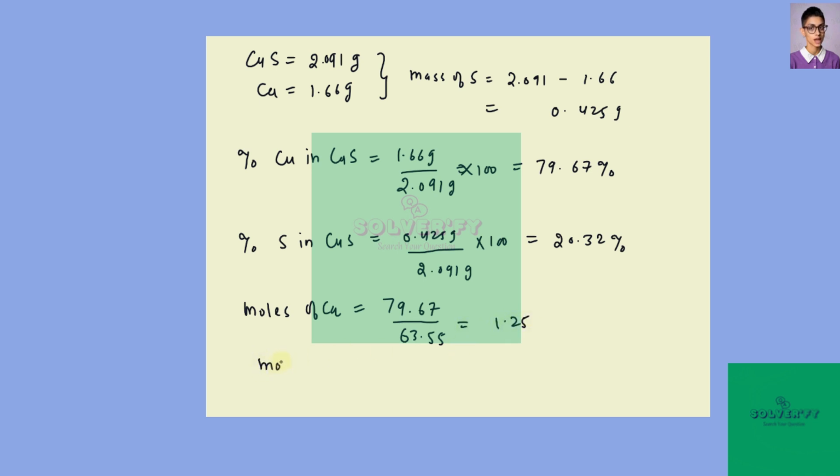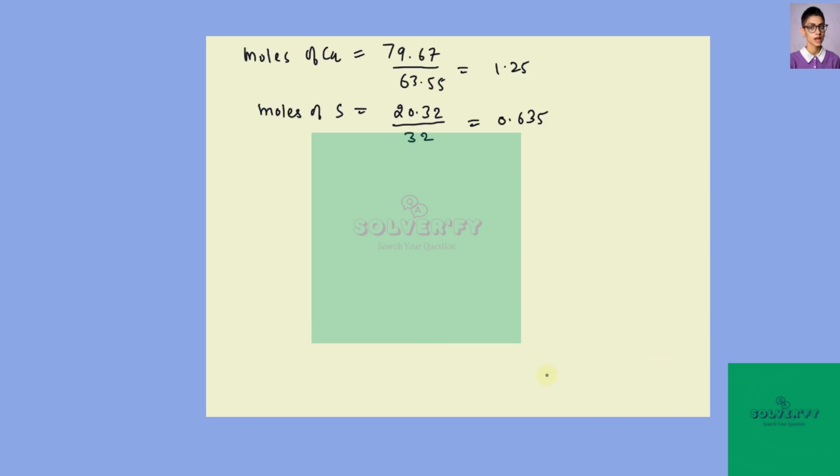Now similarly we will find the moles of sulfur present in this copper sulfide molecule. So 20.32, the mass percent of sulfur, divided by its molar mass, that is 32, will give 0.635.